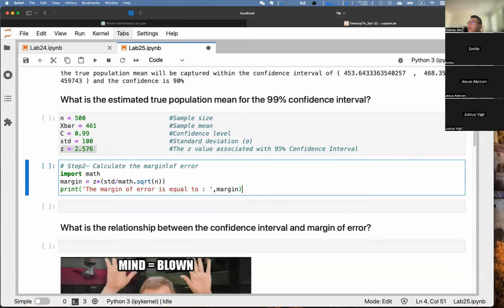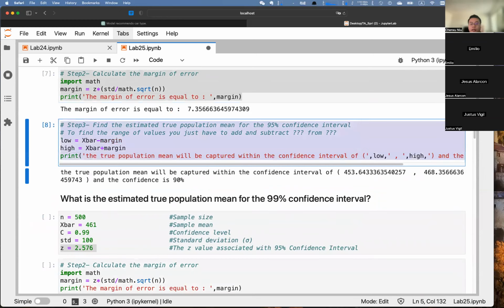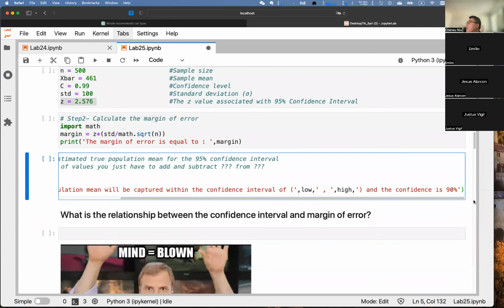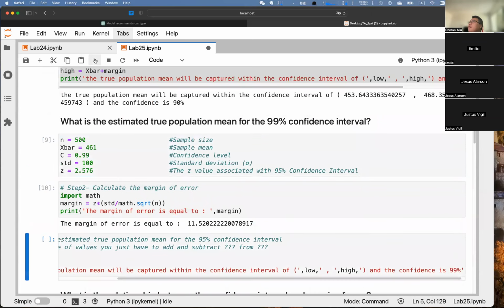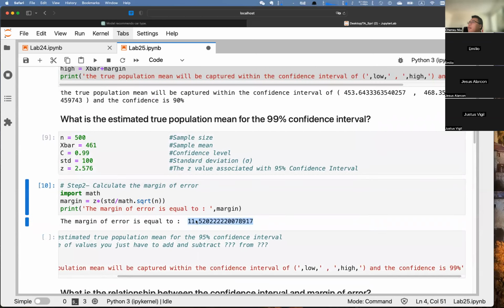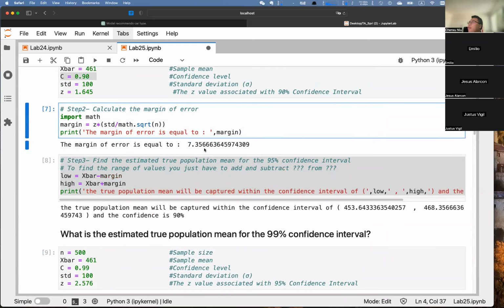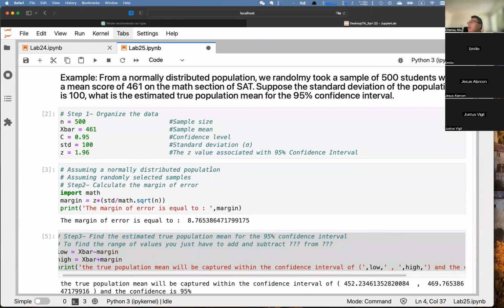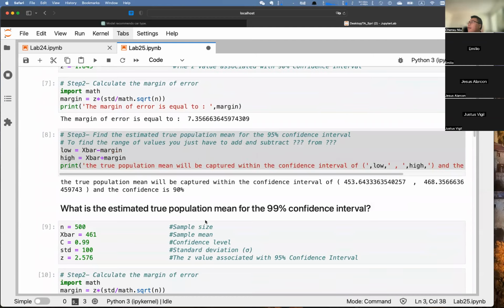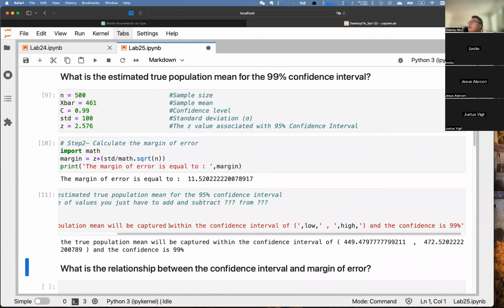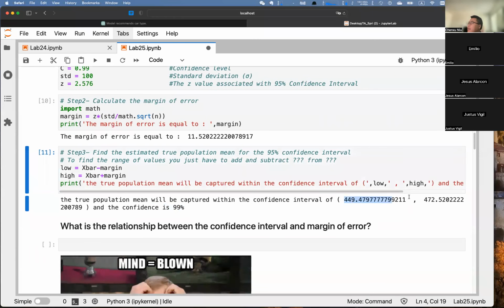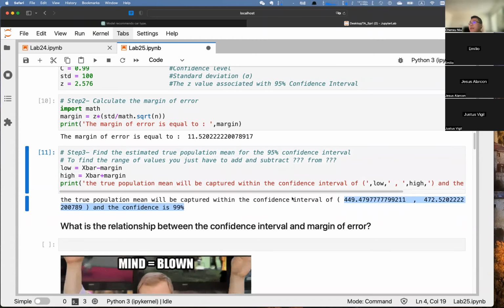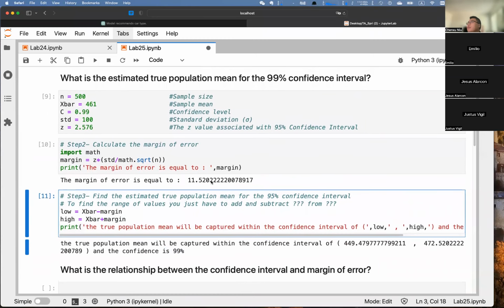So calculate the margin again, and calculate the range again. The margin is larger, 11, and for 95 it is 8. As a result, the range of the values is larger. This is the largest among the three examples, for the 99% confidence interval.